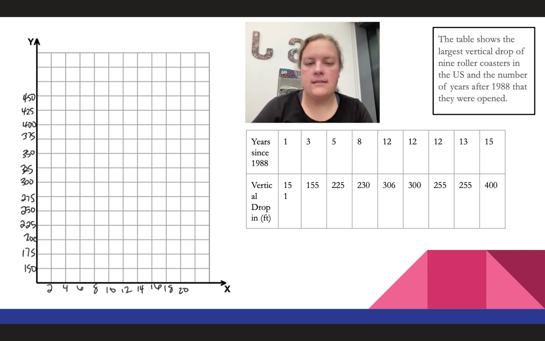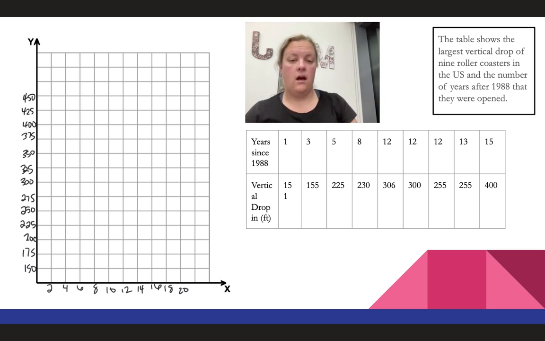On my y-axis, I looked at my highest value and my lowest value. I knew that my highest value was 400 and that my lowest value was right around 150. So it is legal for you to start your first line at 150 as long as, and I haven't done it yet, you take your pen and you show that there's this little kind of zigzag.